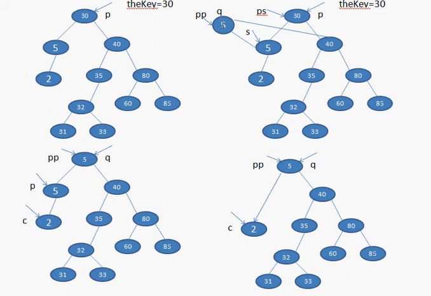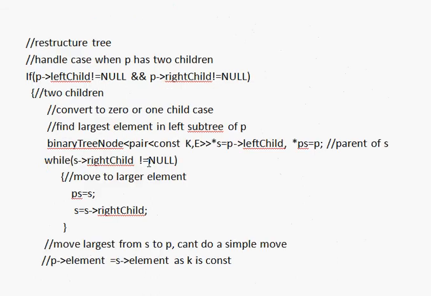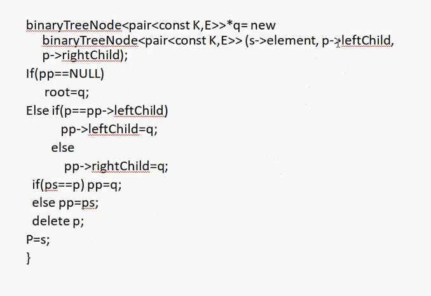Okay, so phi is inserted here, and in the next instruction we make sure that the left child of the Q pointer is pointing to where P of left child points, and also its right child is P of right child. So we create a node with three components: element, right child and left child.